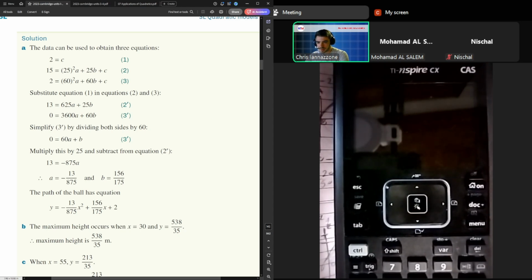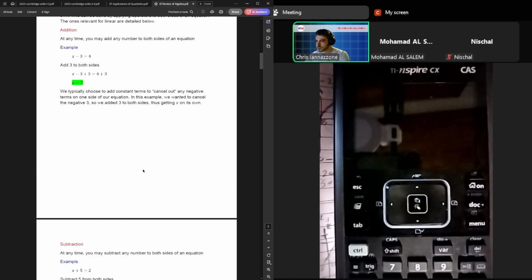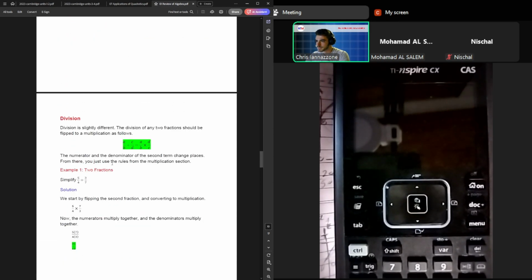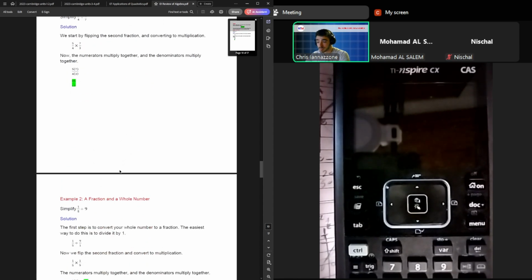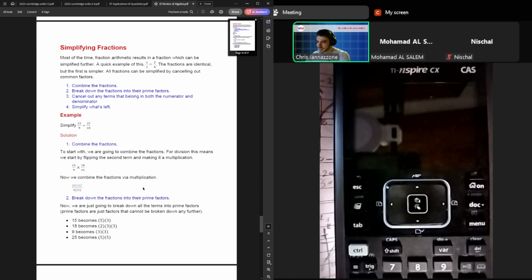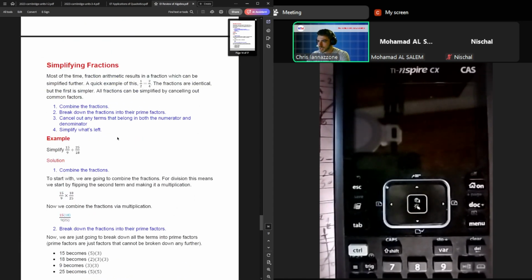One thing I'd recommend is the review of algebra. I've used this more and more recently when it comes to simplifying really big fractions and stuff like that. It's a method called prime decomposition. I have this in my review of algebra chapter.